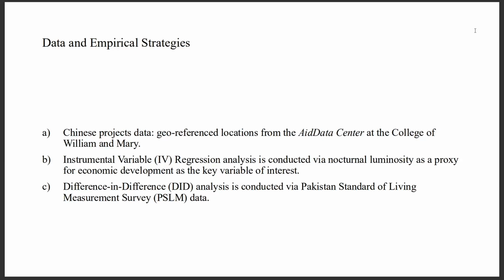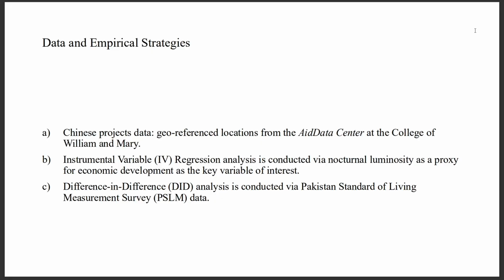So the data comes from three different sources primarily. The first one is the data for the Chinese projects. That data comes from a data center that has a repository of all the global Chinese projects that have so far materialized and are committed.